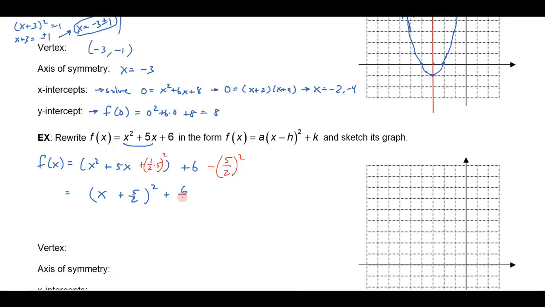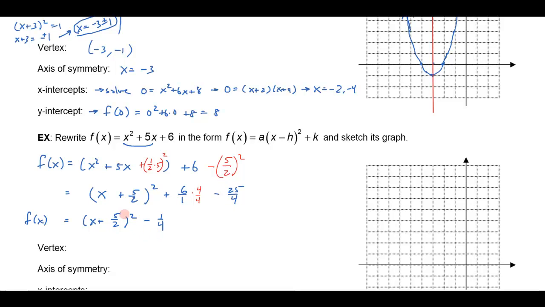So I'm going to write this as 6 over 1. I'll leave a little space. Minus 25 fourths. So let's multiply this one by 4 over 4. And so I'm going to get my f of x. I've rewritten it now. This is x plus 5 halves, quantity squared, and 24 minus 25 is -1/4.